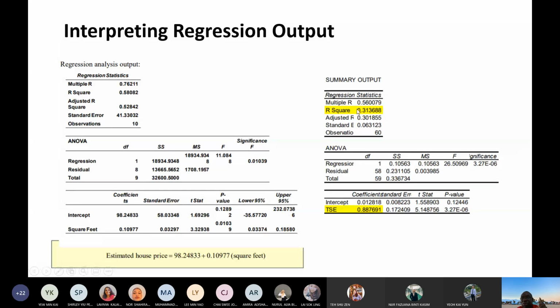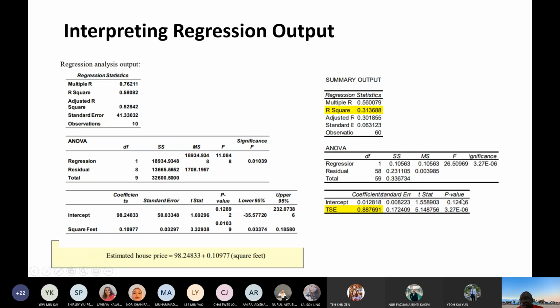Consider a particular asset in the stock market. If there is a change in the stock exchange index, it will change the price of the concerned stock by 31.36%, which is the 0.31 R square. So R square is telling us that the market contribution to the prices of the asset is 31%.